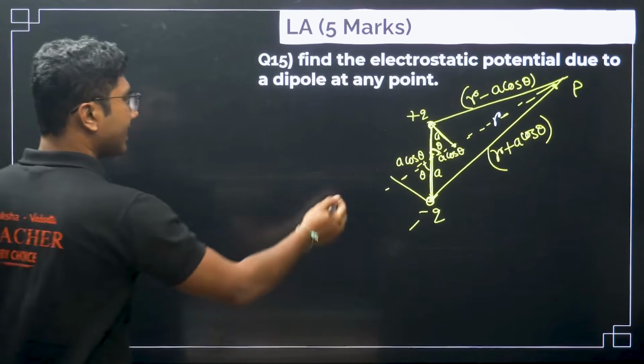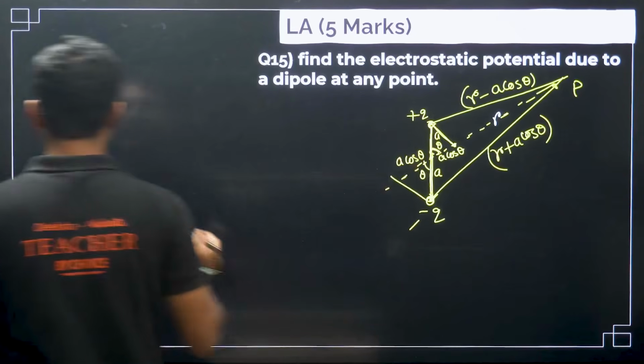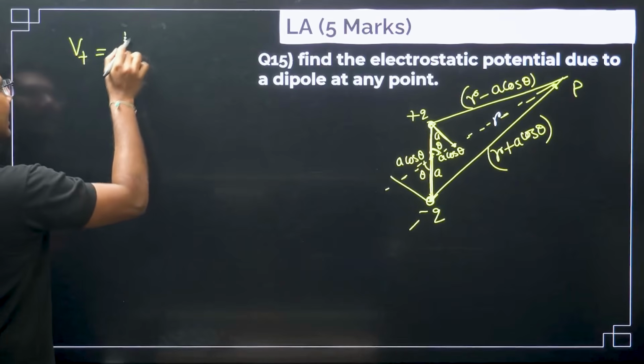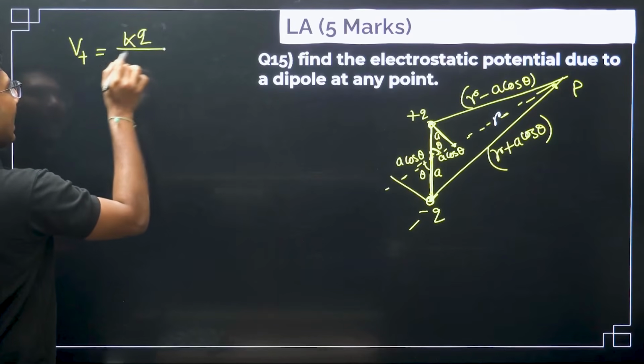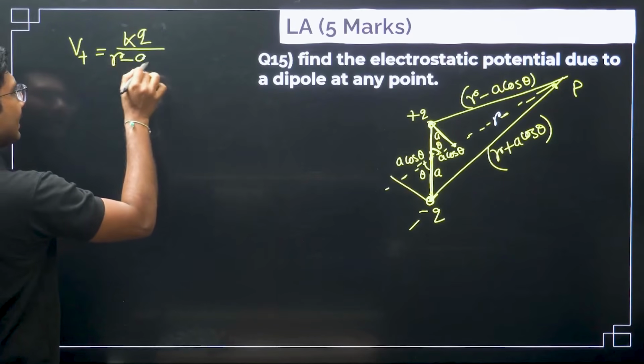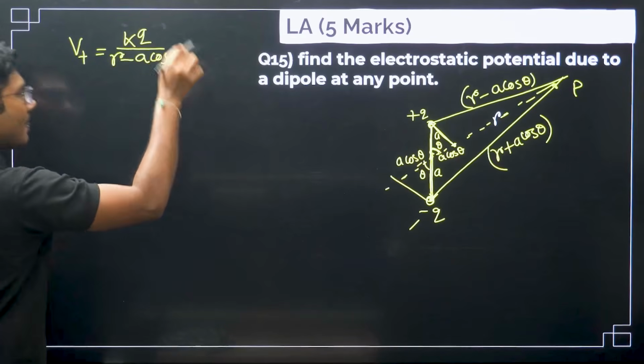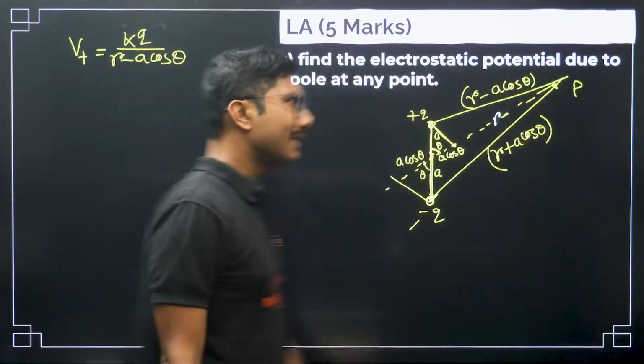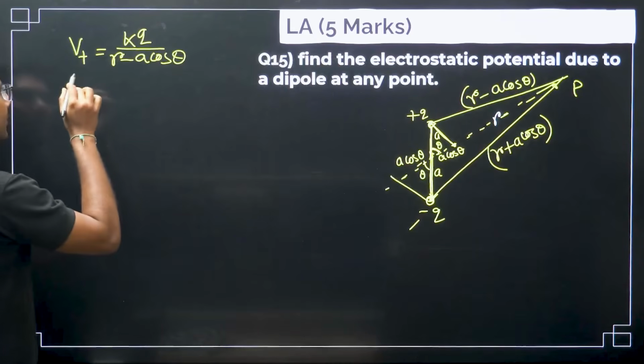So the electric potential due to this positive charge is V plus equals KQ by r minus A cos theta. Potential is KQ by r, there is no square, nothing like that. So this is the potential due to the positive charge.